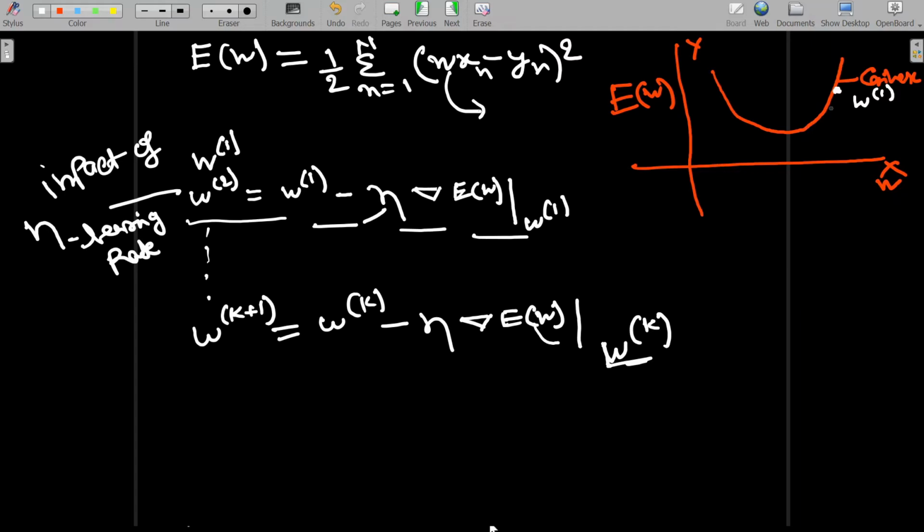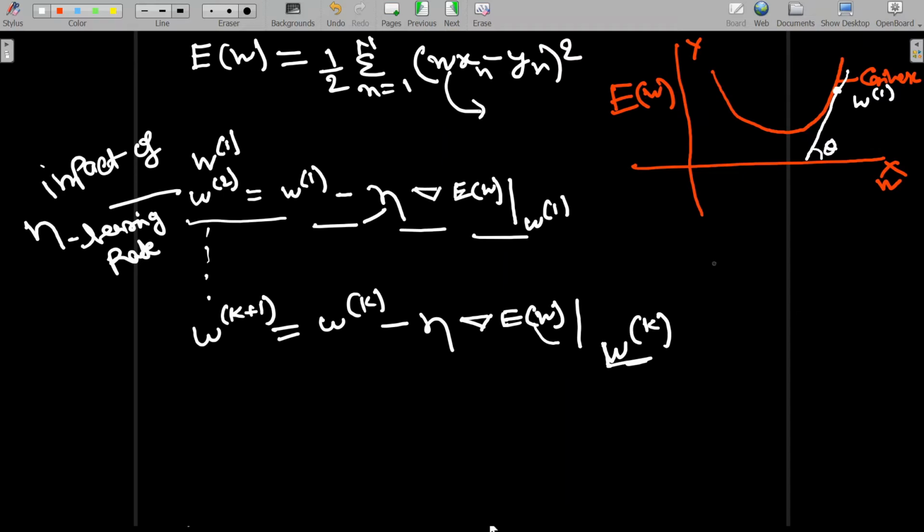So what is the gradient of this particular point? The gradient of this point is nothing but the tangent line at this point. So the tangent line for this point gives the slope, and this angle is theta.